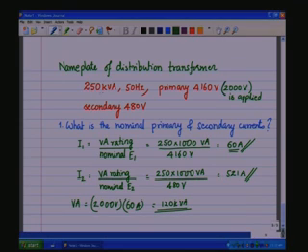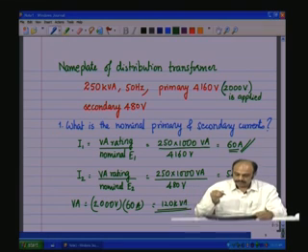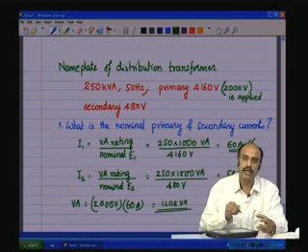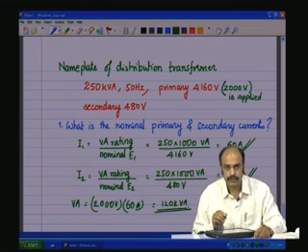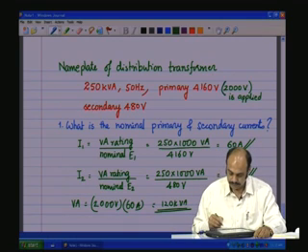So, to a 250 kVA transformer, if you are applying a lesser voltage, do not expect that it will deliver the whole 250 kVA, because it cannot handle the increased current. You have to limit the current only to the nominal current, which is 60 amps, and therefore, the nominal current into the reduced voltage will give you an apparent power which is considerably reduced with respect to the rated.